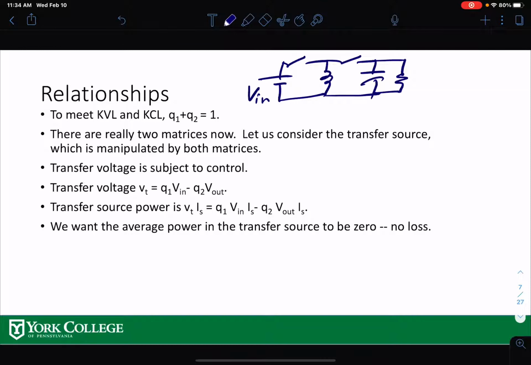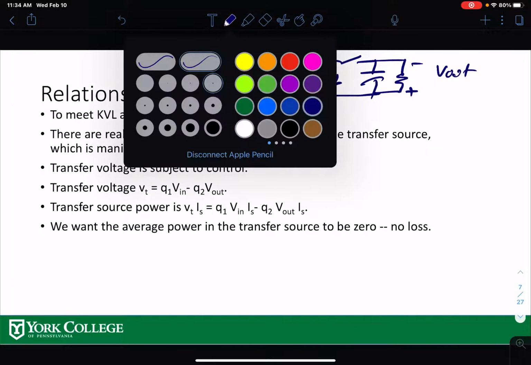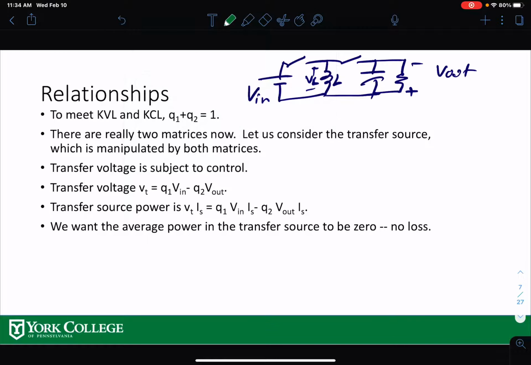V in, V out, right? Then this is L, this is your VL, and the current going through it, the green one, is IL. So that's your buck boost converter.